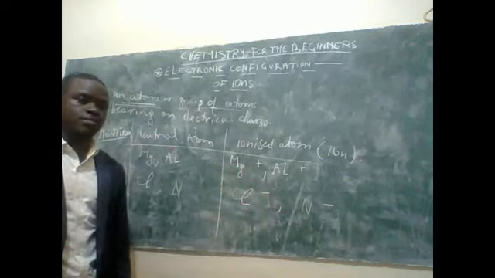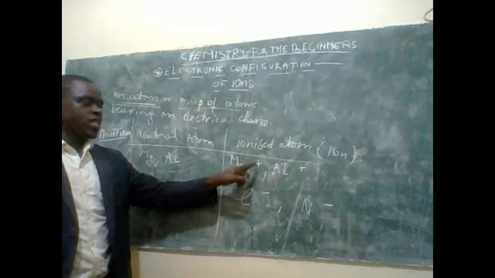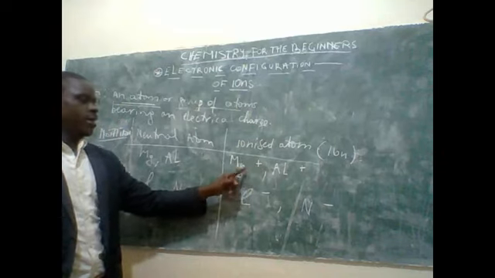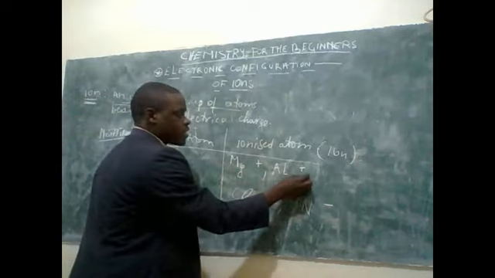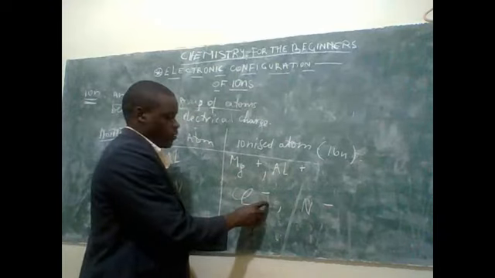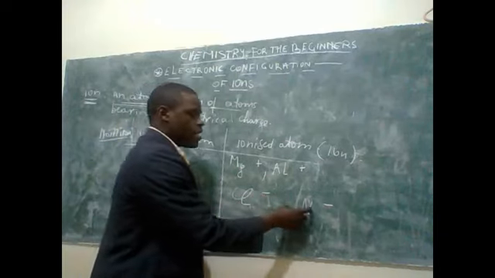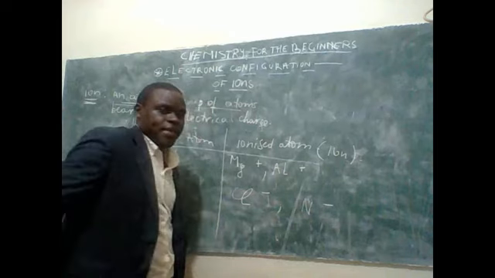That's the answer. We have also seen the types of ion. This one is called a cation because it has a positive charge. Then this one is called an anion because it has a negative charge, and this one also is an anion because it has a negative charge.